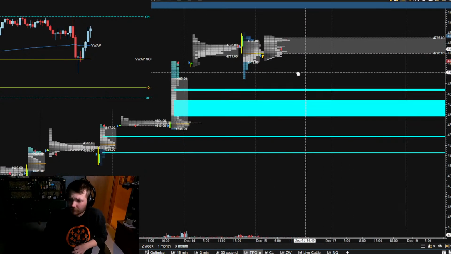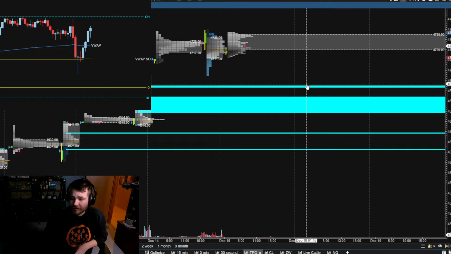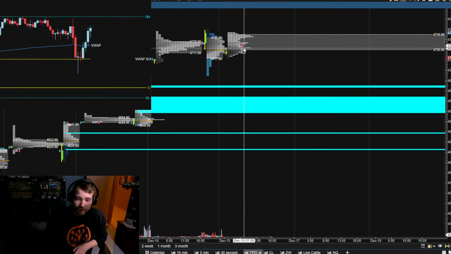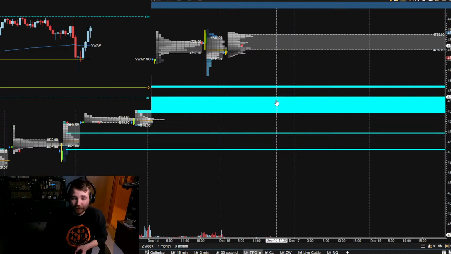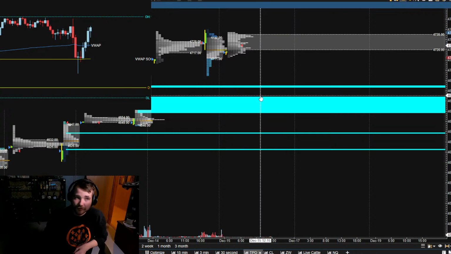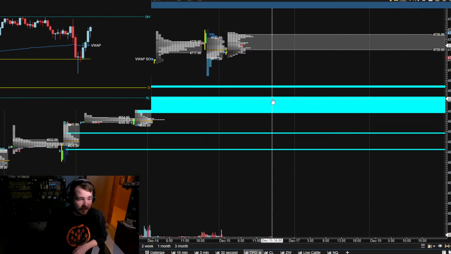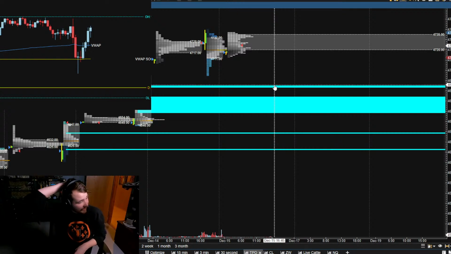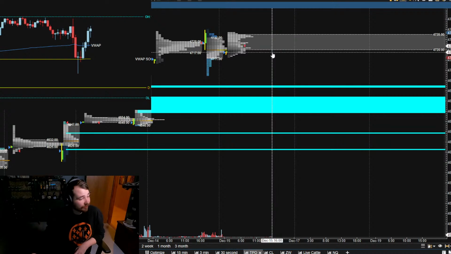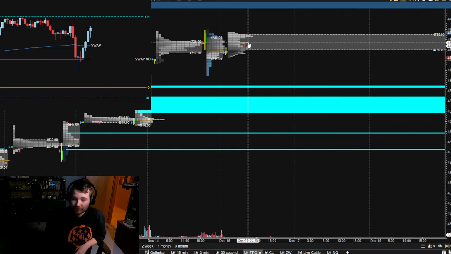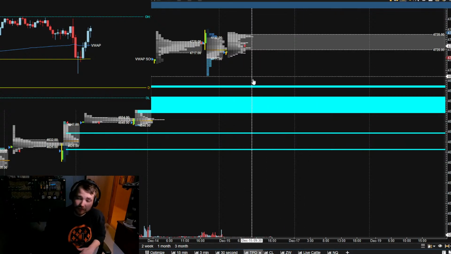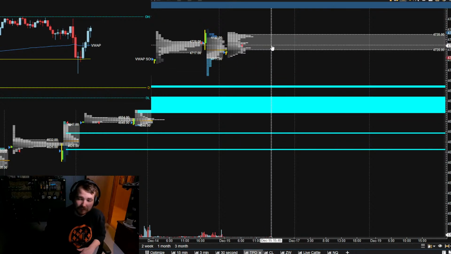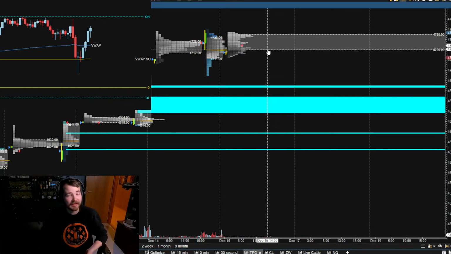If in the ES we actually start to see bears in control, I'm gonna expect we see a test of these single prints. Maybe 4685 is a level that might be tagged today, and that could be the bottom of the day. So something I could expect is a pullback and back to balance.